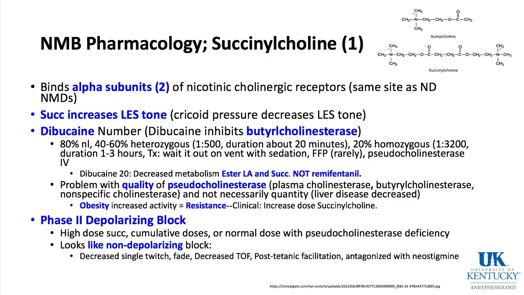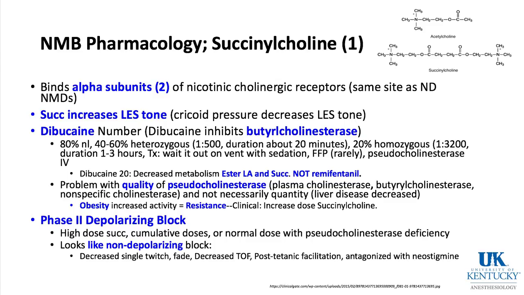Remember that when you press on the cricoid cartilage, it actually decreases the lower esophageal sphincter tone. People were worried in the past that if Sux causes fasciculations of the abdominal musculature and raised intra-abdominal pressure, maybe food would come up and regurgitation would be worsened. But remember that Sux not only causes those fasciculations, but it also causes increased lower esophageal sphincter tone.